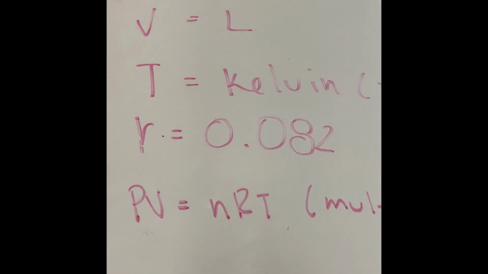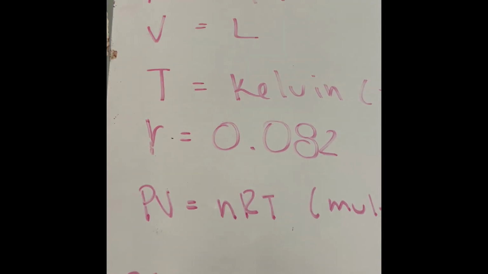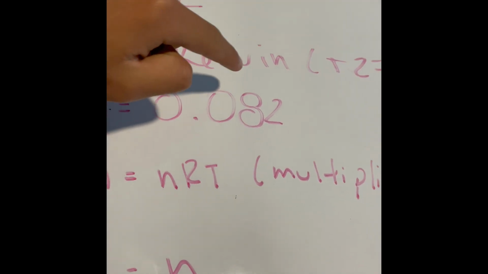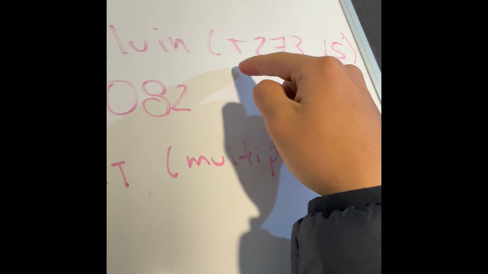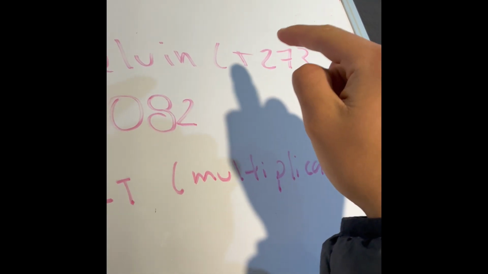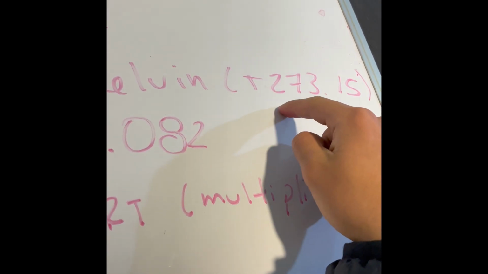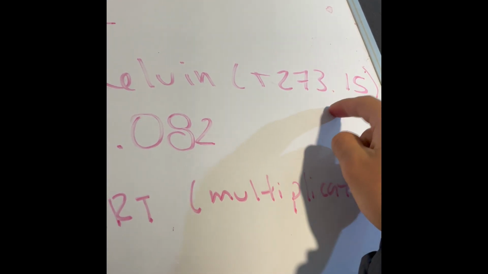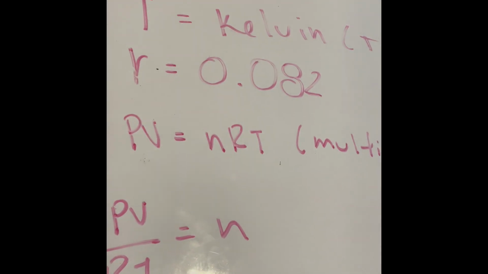For the ideal gas law, the N is the moles, the P equals the atmospheres, the volume equals the liters, the temperature is in Kelvins, and to convert Celsius to Kelvins you need to add 273.15, and for the R that equals.